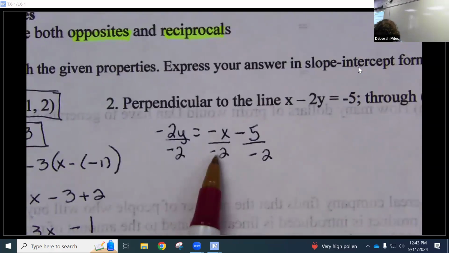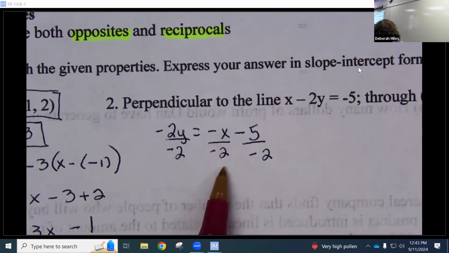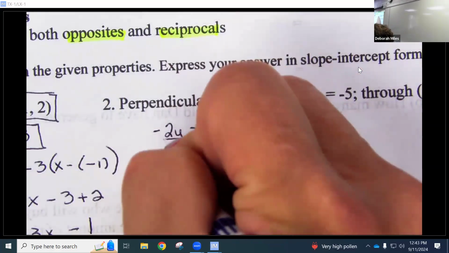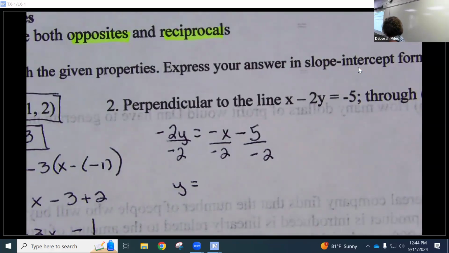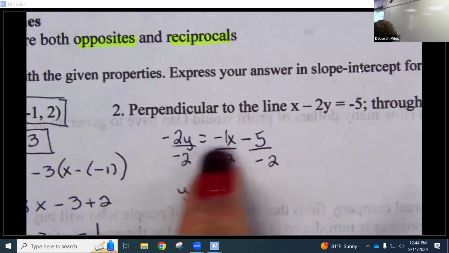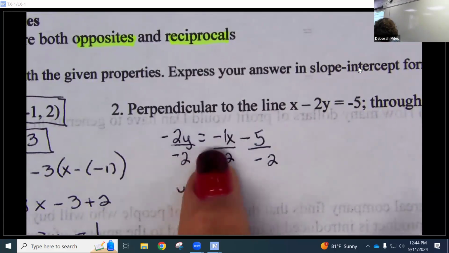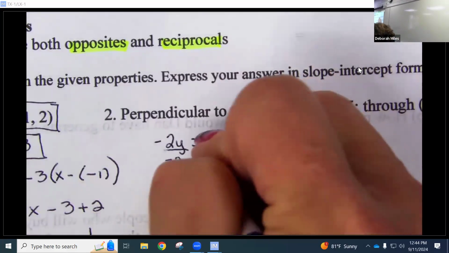And what's the simplest way to write -x over -2? What is that? X divided by 2 is not the same as x times 2. 1/2 x. The coefficient of this x is -1, and -1 divided by -2 is +1/2.